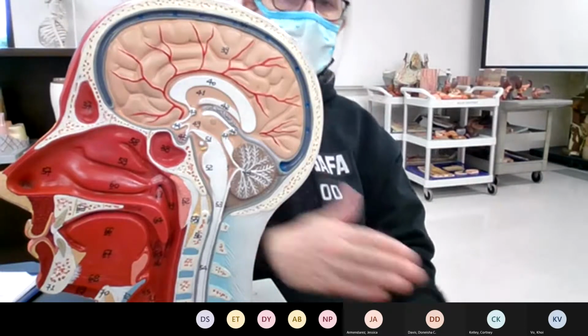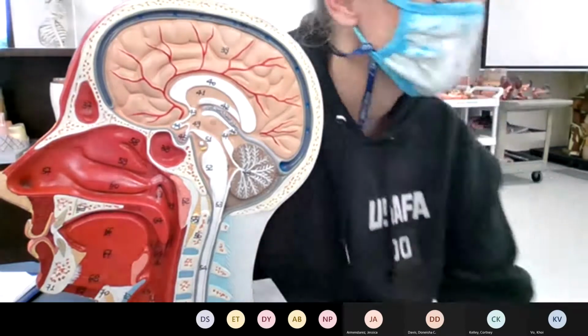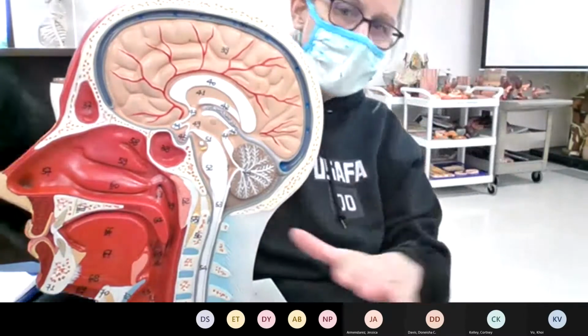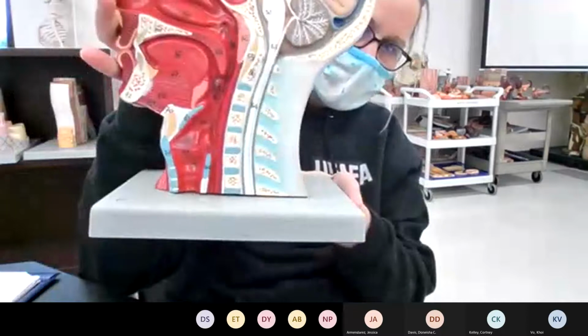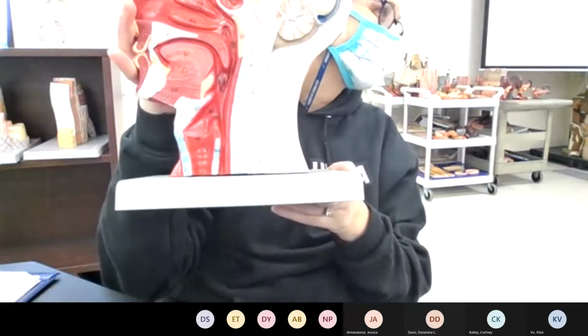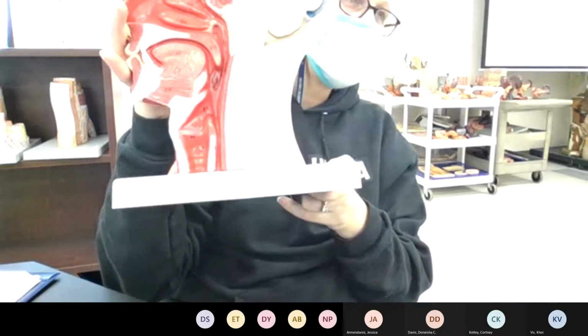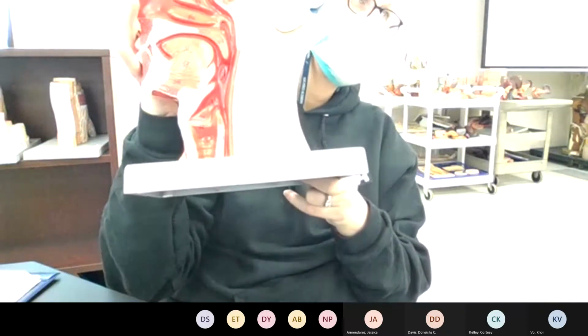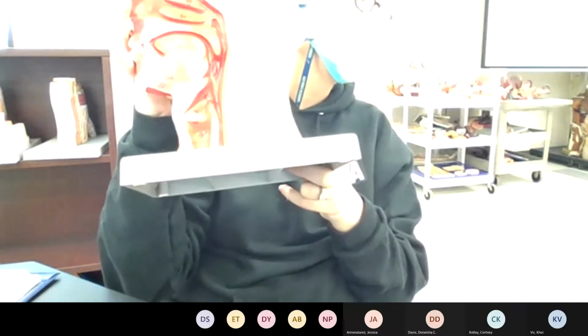Okay, what's the next part of the respiratory system? What does the nasal passageway connect to? Not directly to the trachea. Nasopharynx, then what other part? It's the pharynx, all of it.